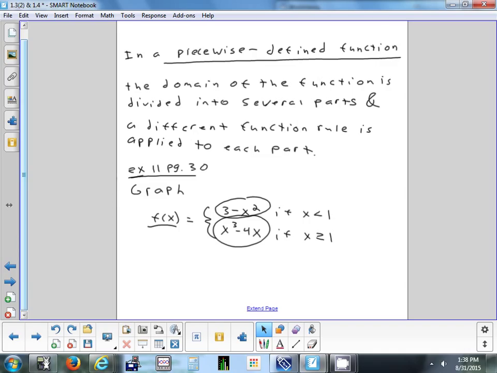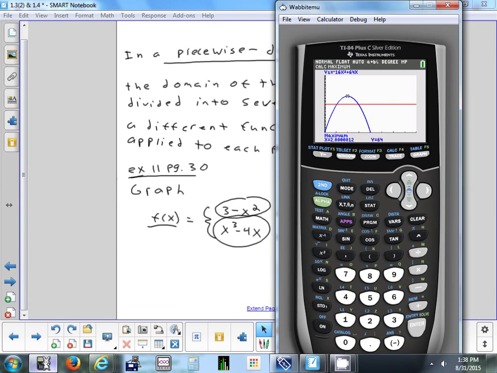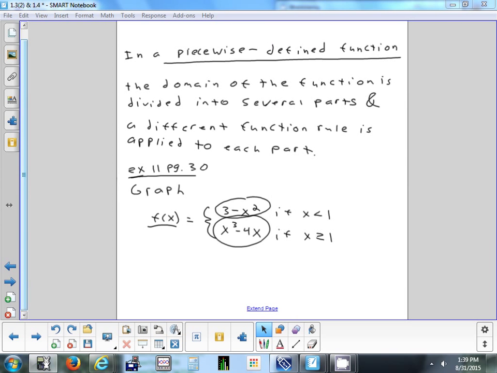I'm going to type that in on y1. If you got anything else, you can get rid of it. Okay. And then after it, I need to type in where I want it to graph this. So I want it to graph this, but I only want it to graph this for x is less than 1. I don't want it to use this when x is not less than 1. I'm going to use something else. So in parentheses, I'm going to type in that condition, x less than 1.